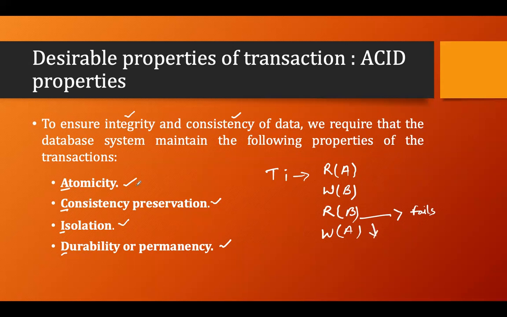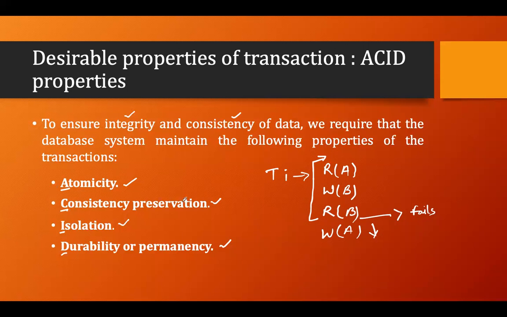Now atomicity says that either you perform all the operations or you do not perform any operation. Because we haven't performed all the operations, atomicity says that we have to roll back to the previous state, meaning all these operations will be undone. That is atomicity: all the operations will be performed or none of the operations will be performed.